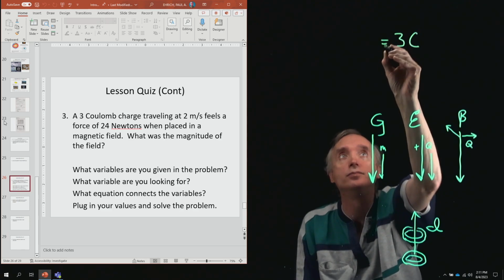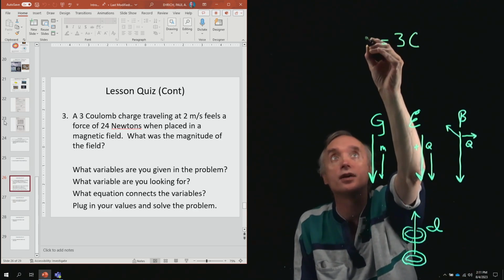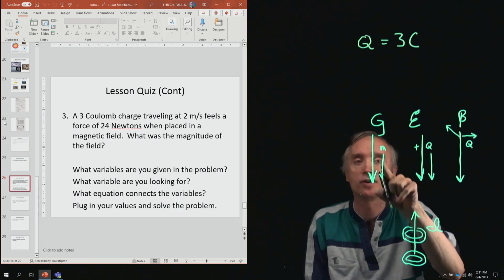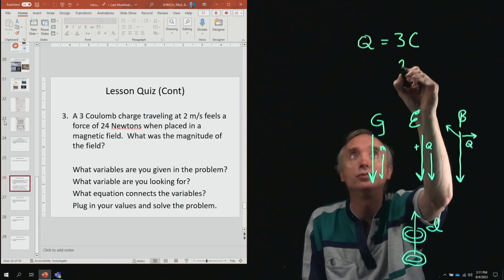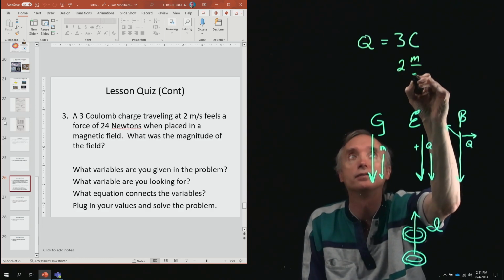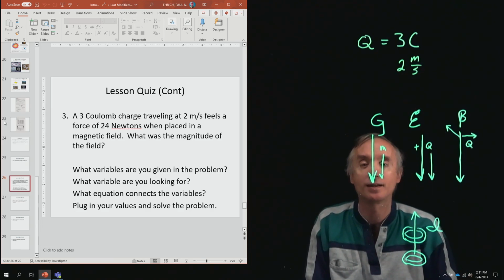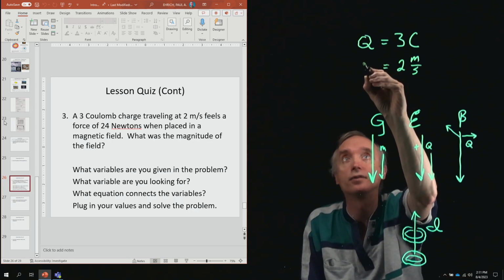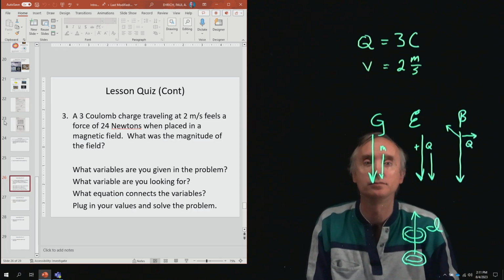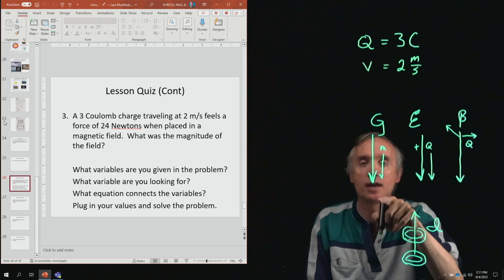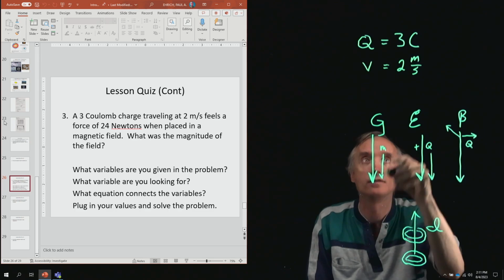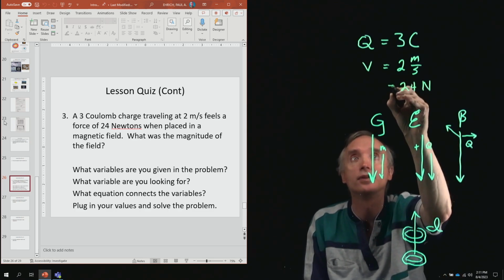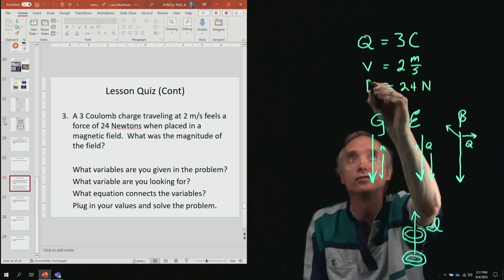Coulomb is a unit of charge, and the charge was the letter Q. Traveling at 2 meters per second. Meters per second is a unit of speed, so the letter for speed is V. And then feels a force of 24 newtons, and the letter that stands for force is F.